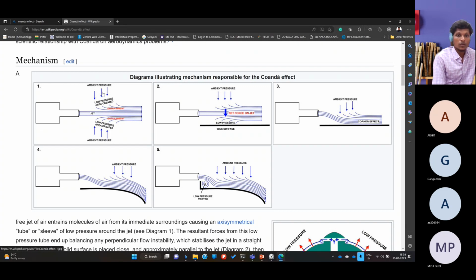This velocity difference creates a low pressure region here. So the fluid present there will try to entrain into this core jet, because of this pressure difference.